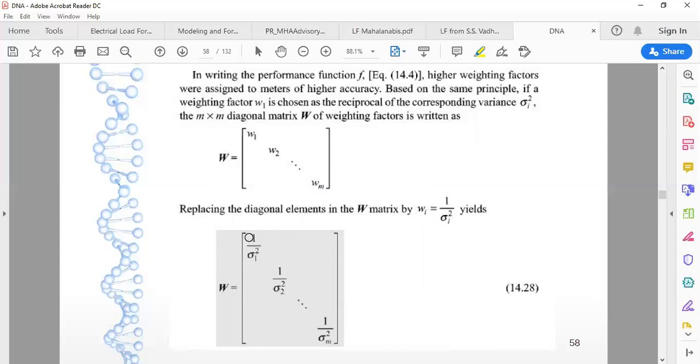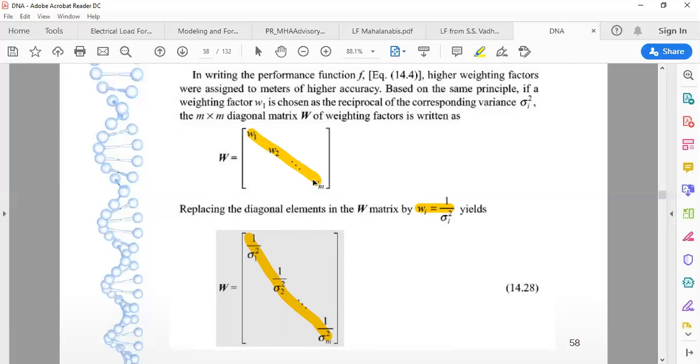So only diagonal elements are represented, and in this way we have substituted wi equal to 1 by sigma i square. Now I have replaced my weighting matrix, which is also an m cross m matrix. Previously it consisted of only diagonal elements, which were my weighting factors of the individual meters.